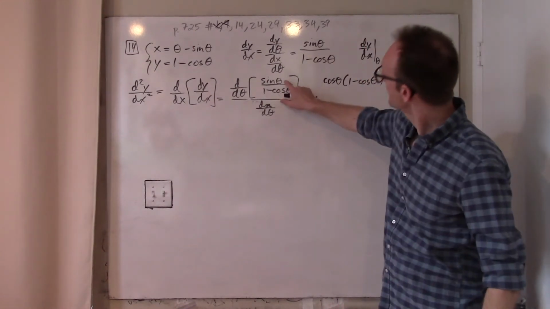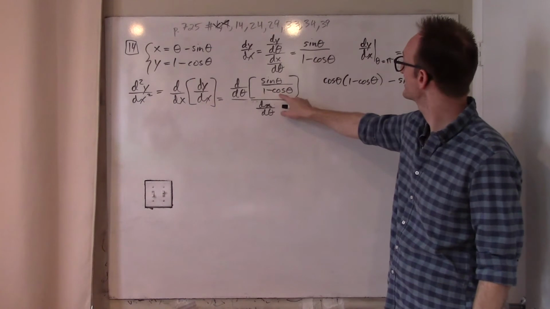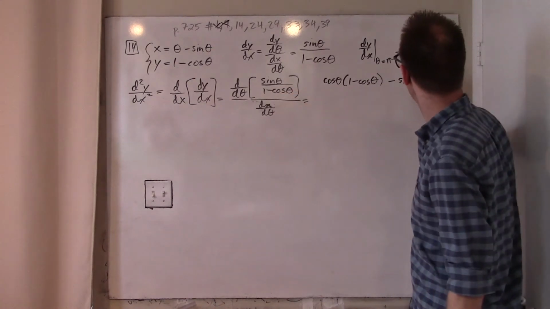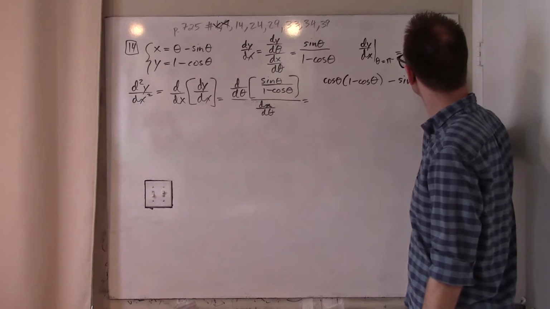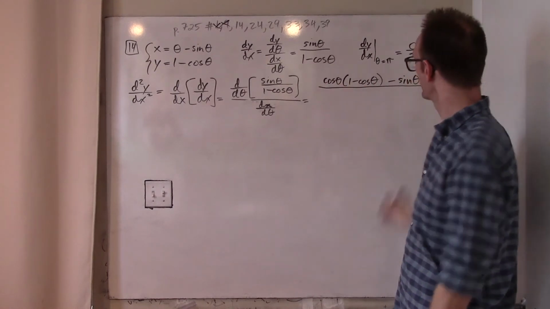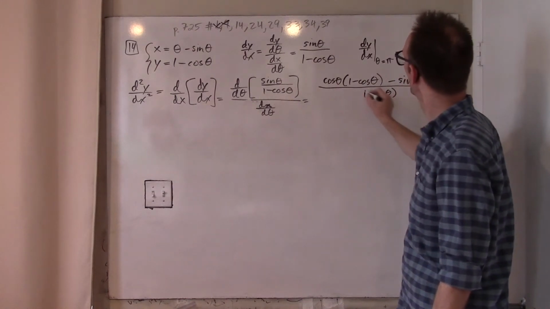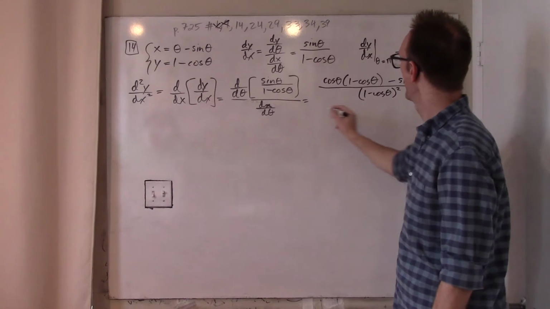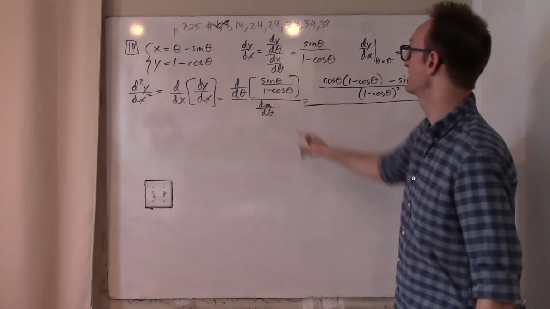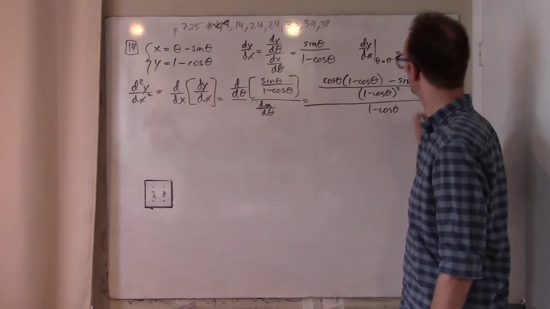So derivative of the first times the second minus the first times the derivative of the second, and the derivative of 1 minus cosine theta is in fact sine theta. So that's sine theta. This is just me doing the quotient rule so far, over 1 minus cosine theta quantity squared. And then this whole thing is over dx d theta, which is 1 minus cosine theta.